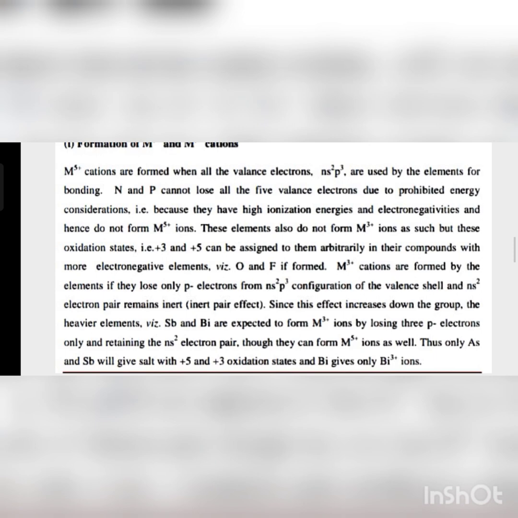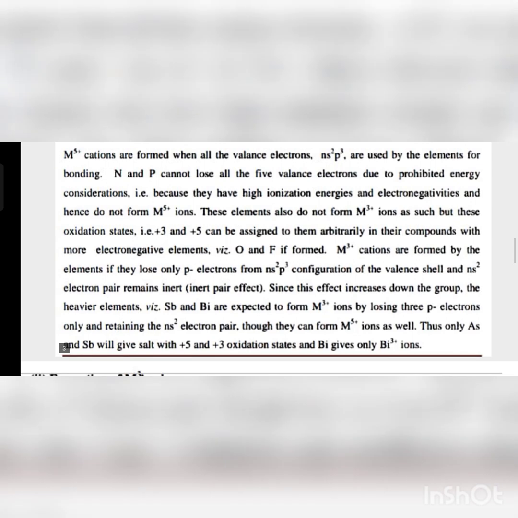Since this effect increases down the group, the heavier elements antimony and bismuth are expected to form M3+ ions by losing 3 p electrons only and retaining the ns2 electron pair, though they can form M5+ ions as well. Thus, only arsenic and antimony will give salts with +5 and +3 oxidation states, and bismuth gives only Bi3+ ions.